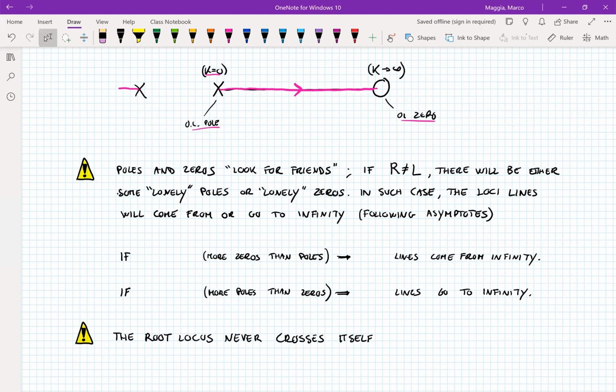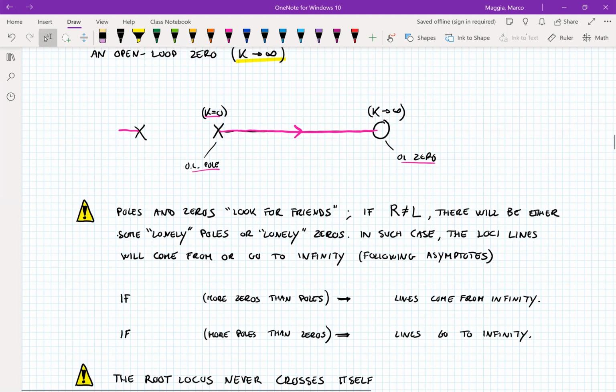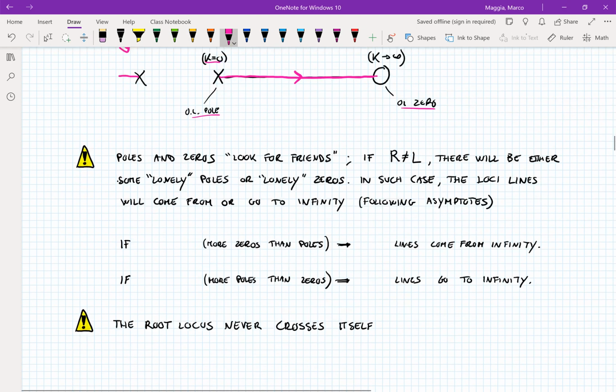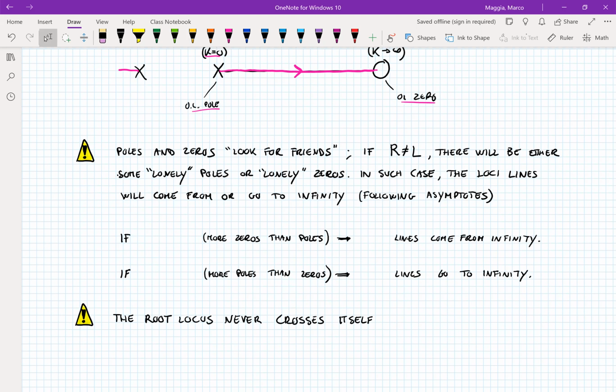They're looking for friends. So a pole wants a zero and a zero wants a pole. So if we have more open loop poles than open loop zeros, like in this scenario here, then the open loop pole will extend its branch of the root locus all the way to infinity, looking for a zero at infinity, because it's not there. We couldn't draw it because it's not there. So it will be there at infinity.